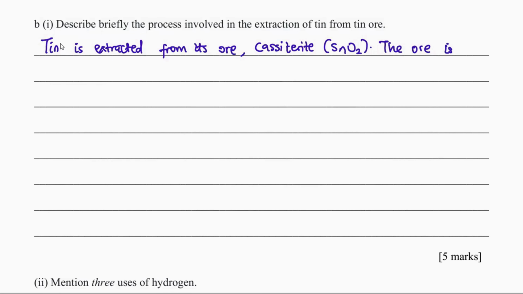Now the ore is first crushed and powdered.